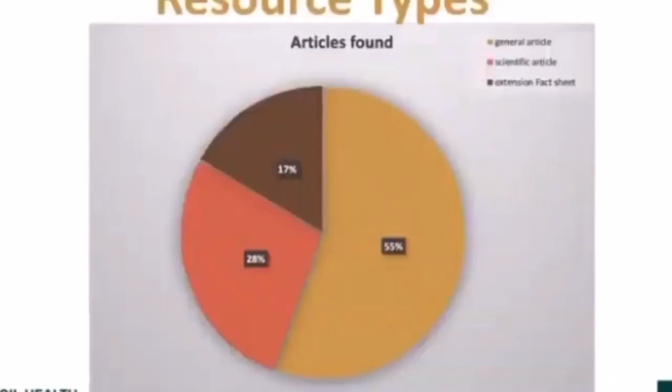The research types found: most of the articles were general articles, about 55%. And when I say general articles, it was maybe just 1 page.